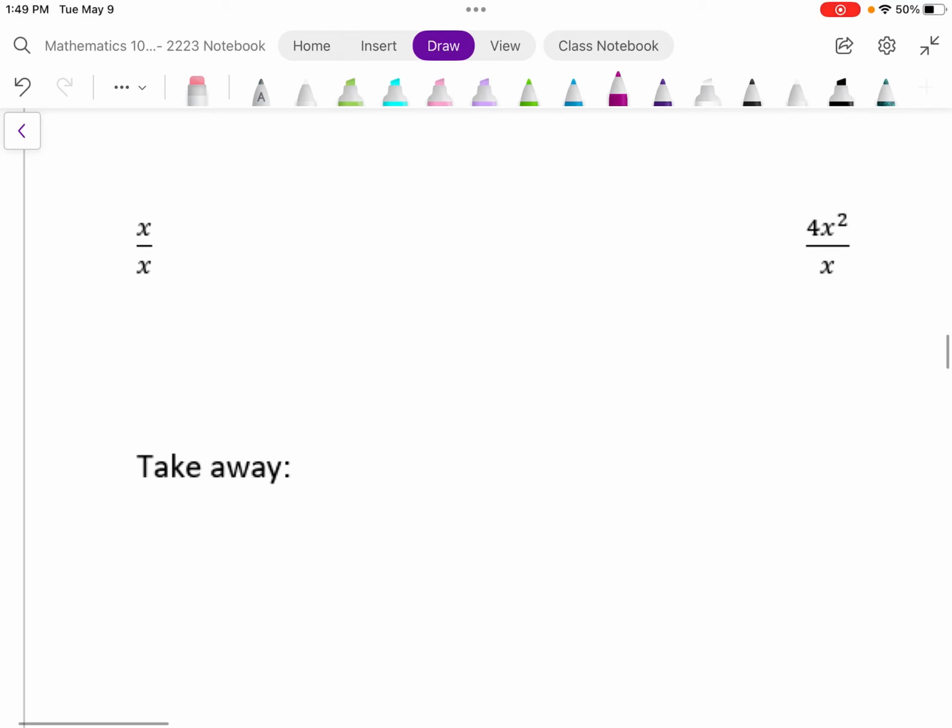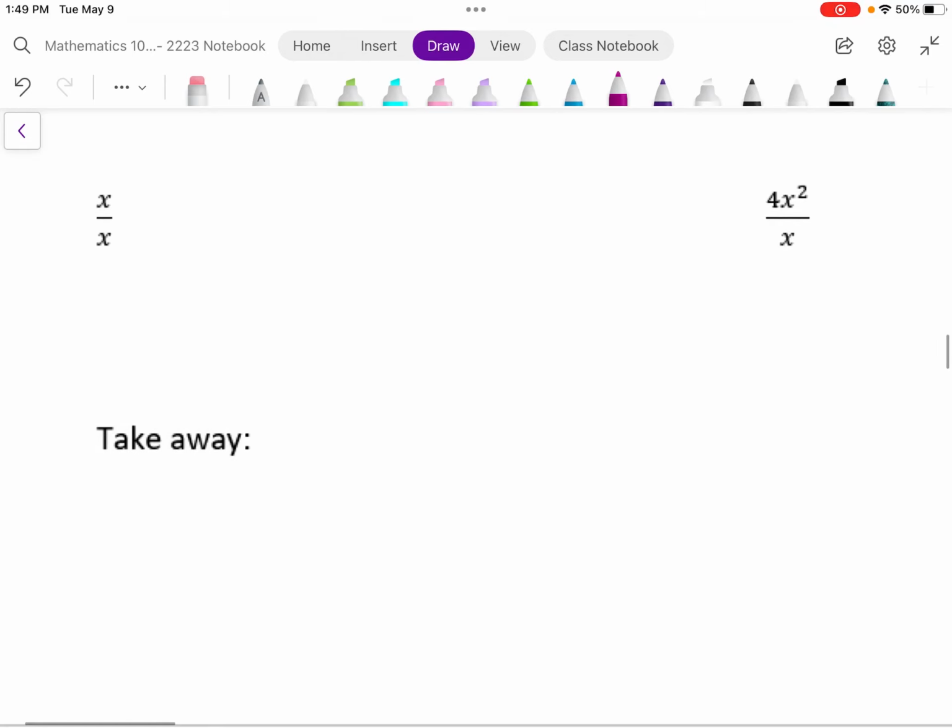Now, here we are. Let's go on to some other notions. Now, x divided by x. We have this weird thing in math that we feel this compulsion just saying that, hey, the denominator can't be equal to 0. So I'm just going to put x can't be 0 because the denominator, we can't divide by 0. But x divided by x, what happens is I have a factor of x in the top and a factor of x in the bottom.